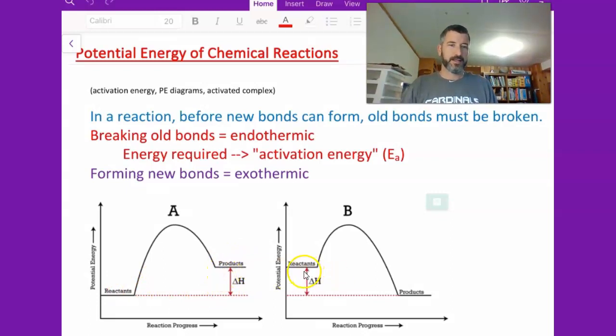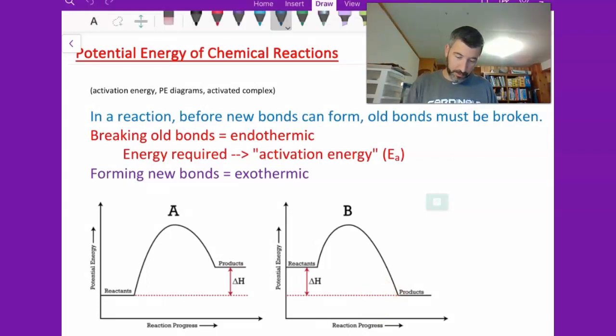Over here, you have the exact opposite. You have the reactants, the uphill is smaller than the downhill, so that would be an exothermic reaction. If you were to sketch the activation energy for each of these, the activation energy would simply be from wherever your reactant energy is up to the peak of the hill.